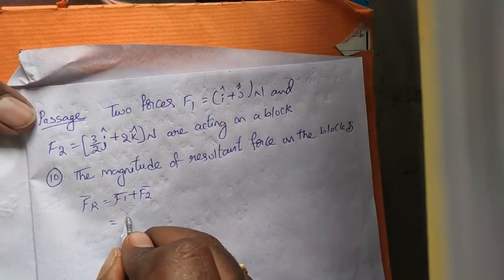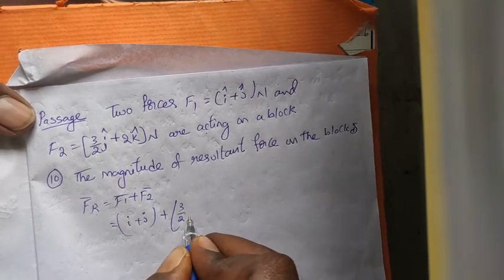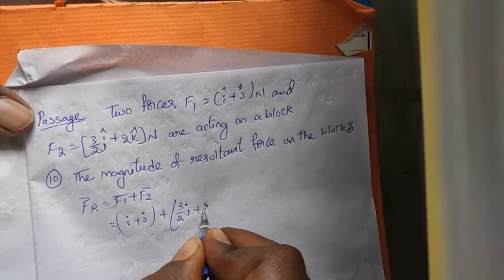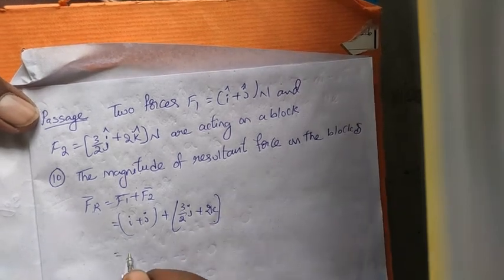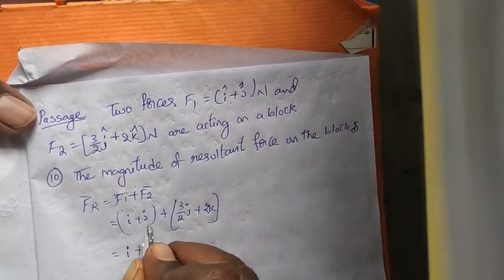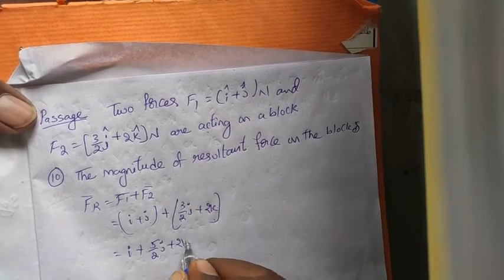What is F1 here? i plus j plus, and F2 is 3 by 2 j plus 2k. So if you do addition, i plus 1 plus 3 by 2, that is 5 by 2 j plus 2k.